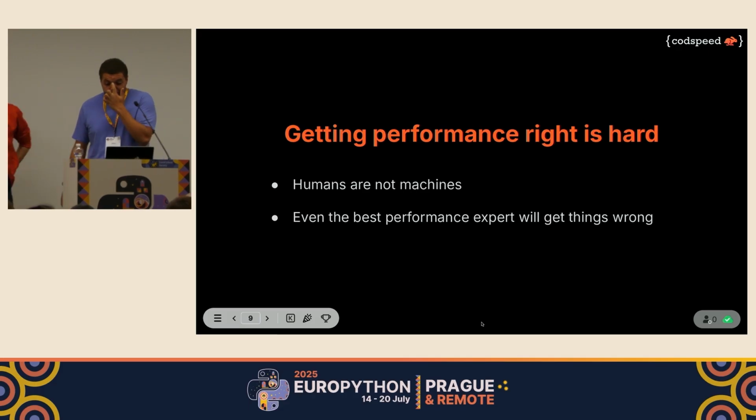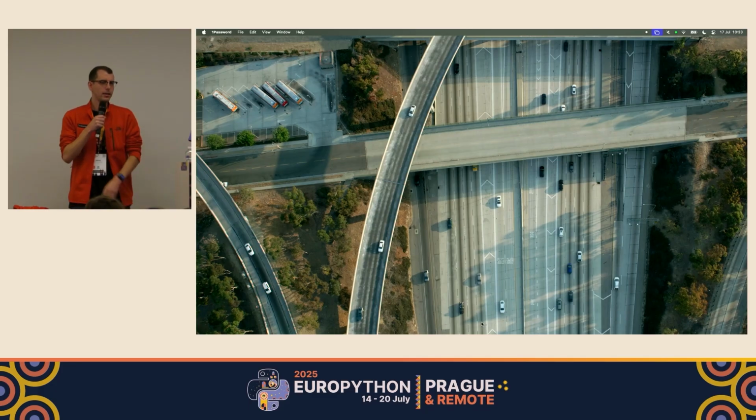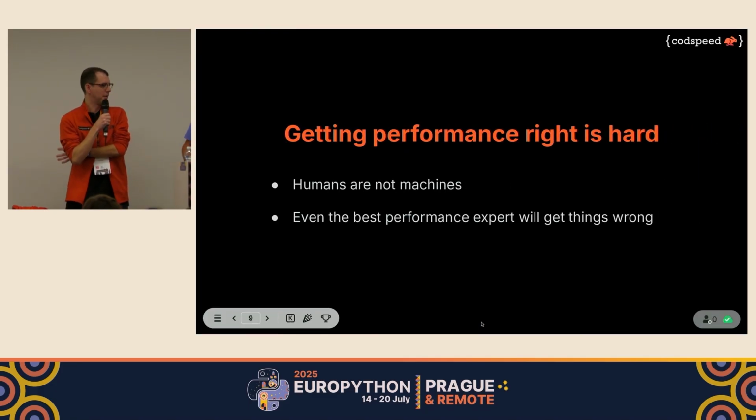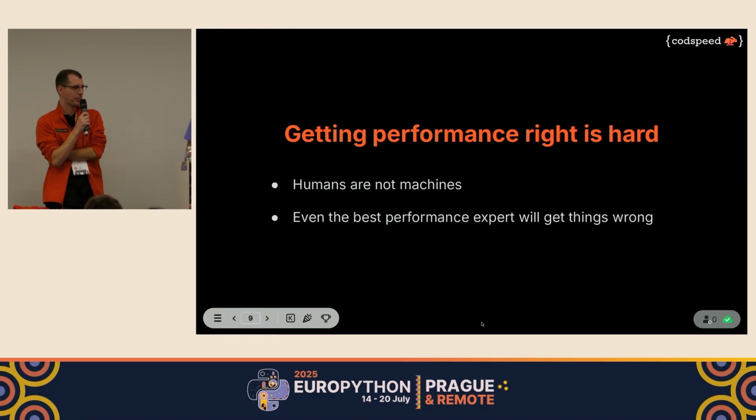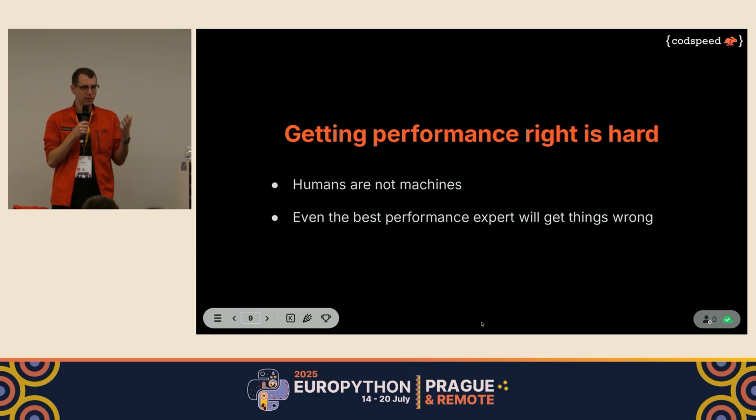But yeah, performance is important, but performance is hard. Humans are not machines. When we look at a piece of code, we can make assumptions. We can have an intuition about how it will perform, but from what we saw building CodeSpeed and even in our own experience, even the best performance experts will be wrong, and it's a normal thing.